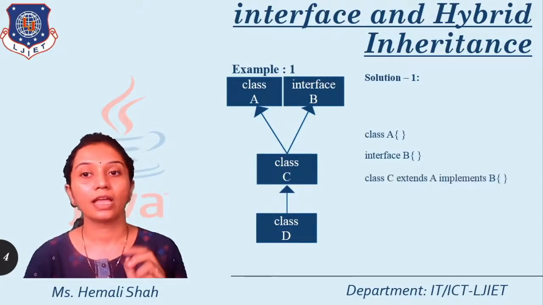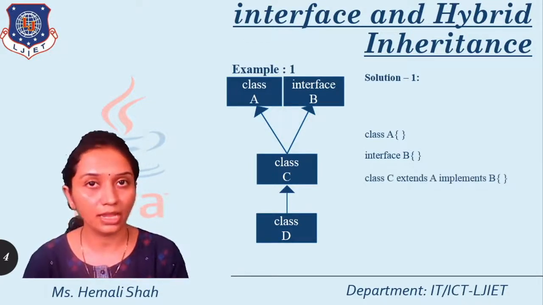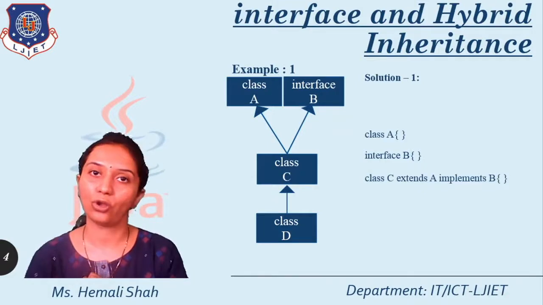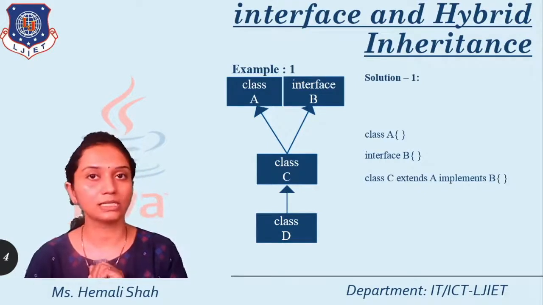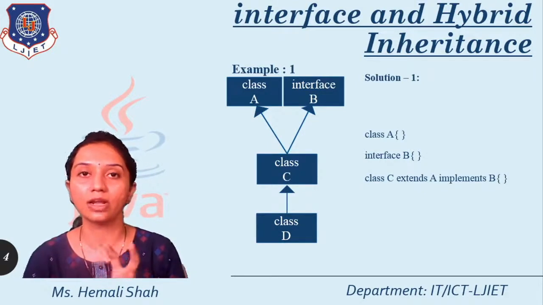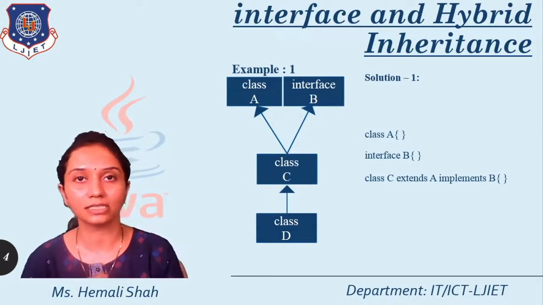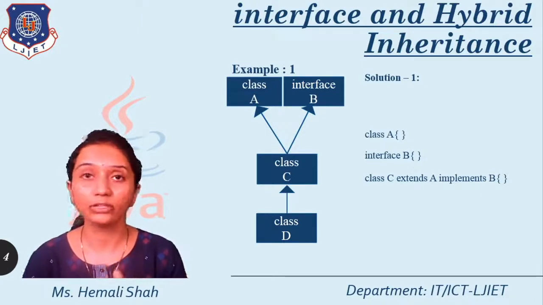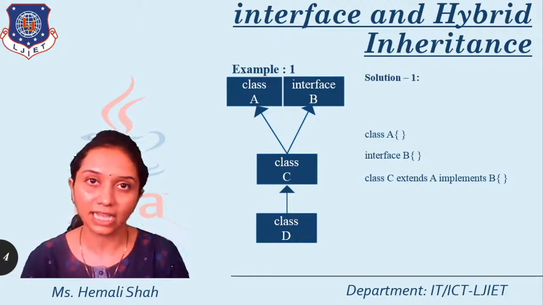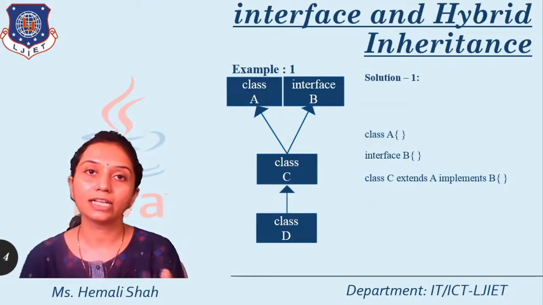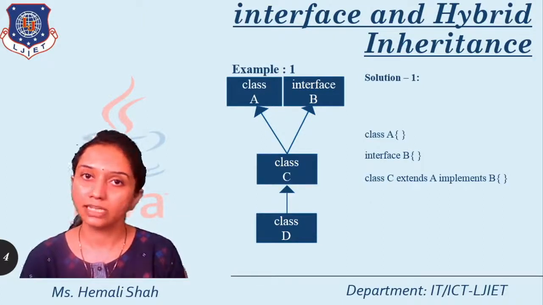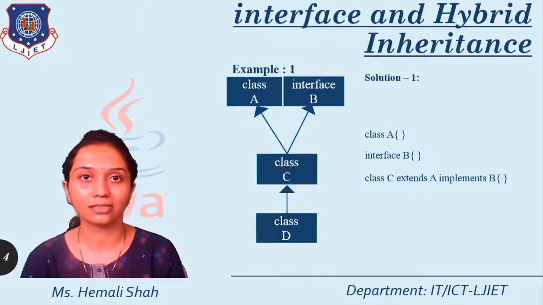Class C extends A implements B, because B is the interface, so you have to use the keyword implements, and A is a class, so you have to use the keyword extends. Now here you can never write implements B then extends A at the time of creating class C. The syntax is possible only like this.